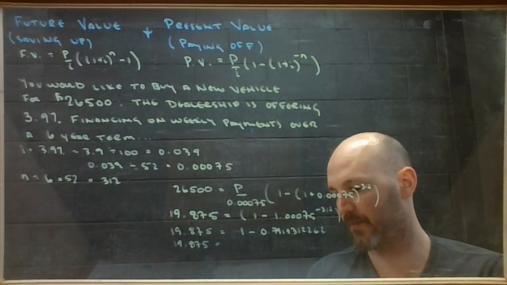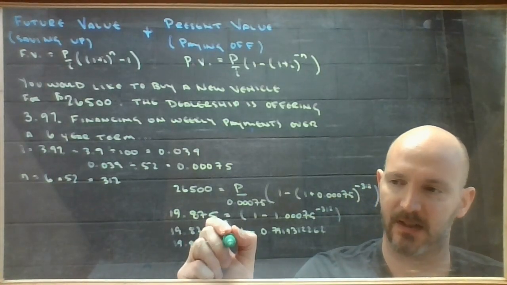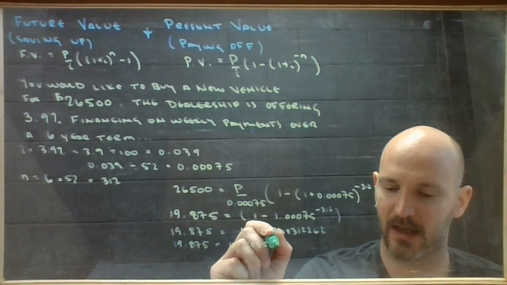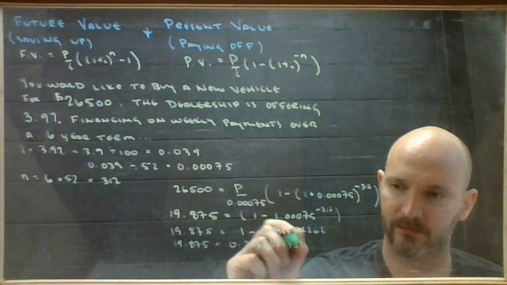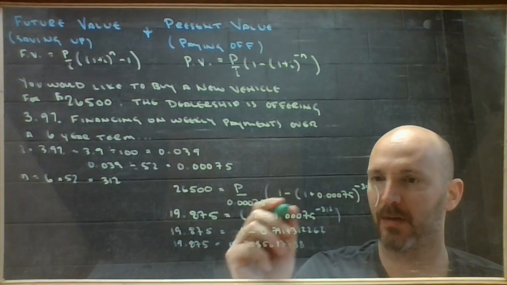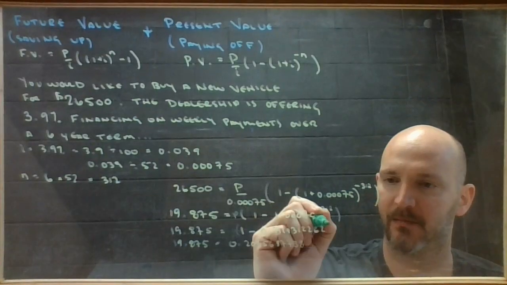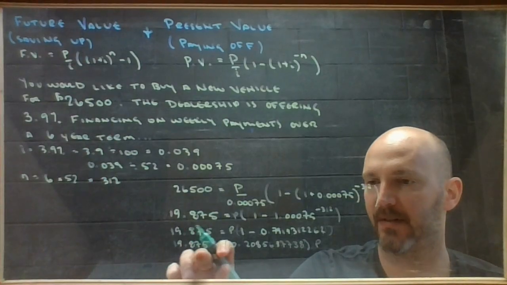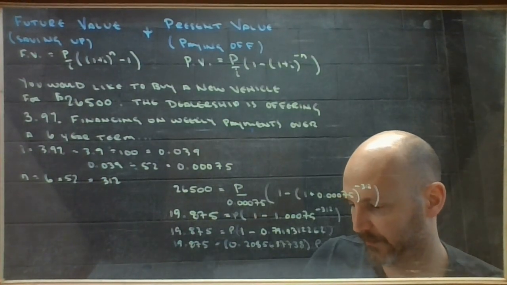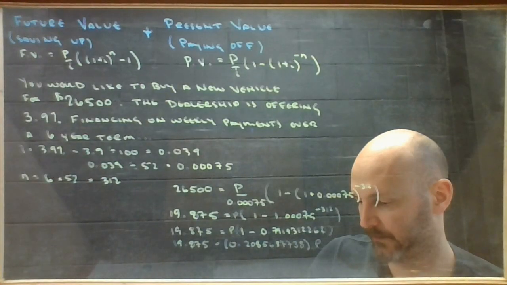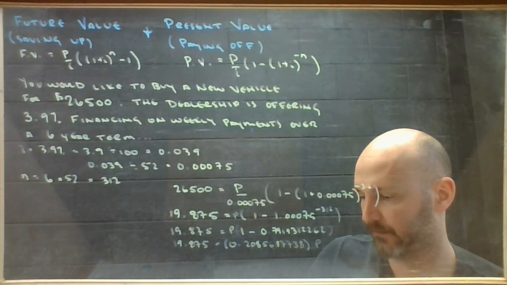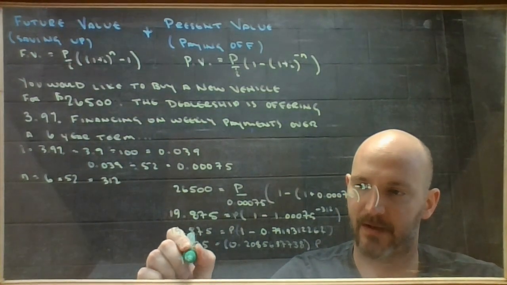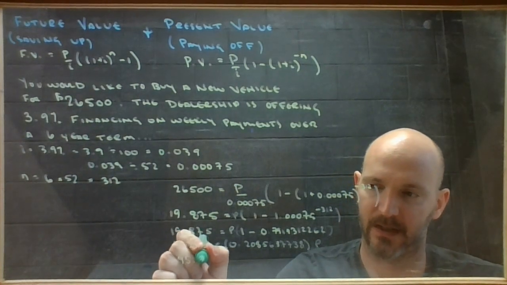One minus that number gives me 0.208568778. There's a P in front of all these, so I just need to divide this by this, and I get $95.29.